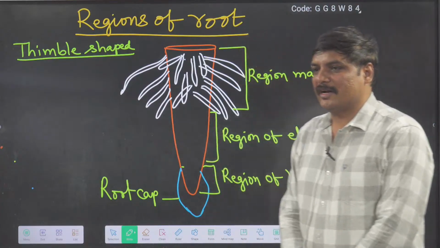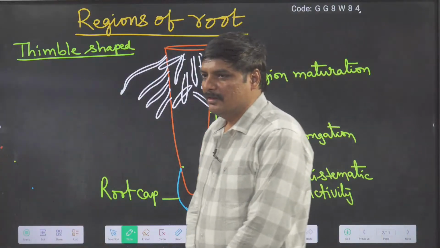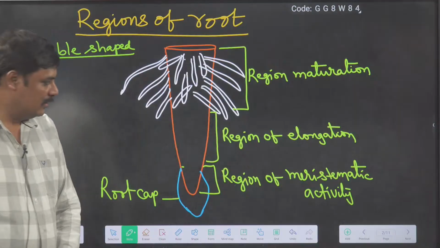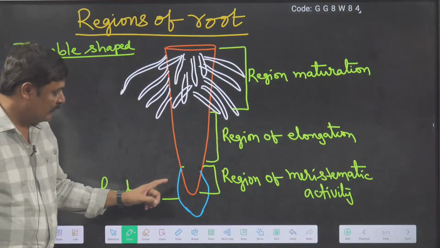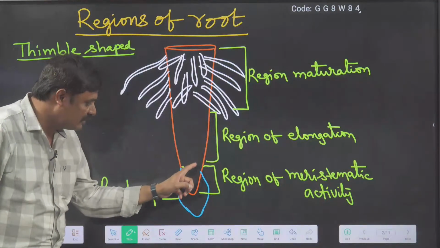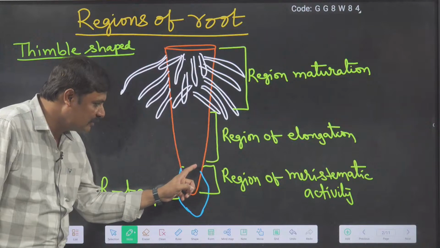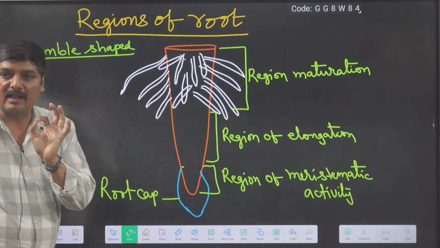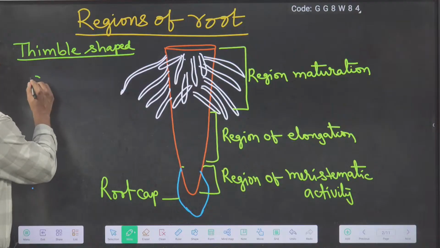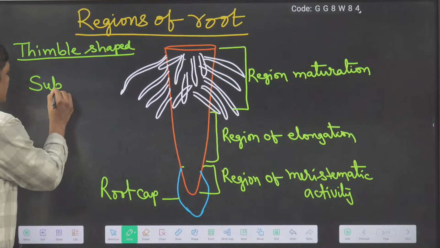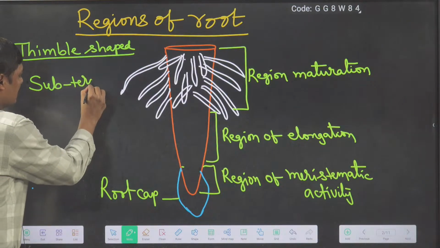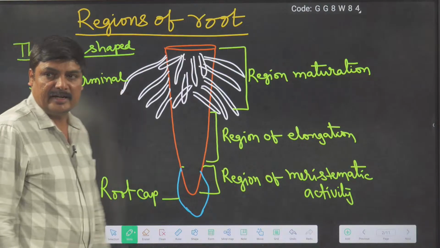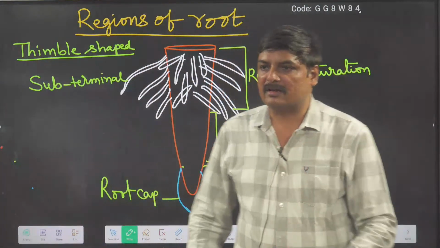Hope you understand. Because of the presence of the root cap, the root apex growing point is subterminal. It is not terminal.